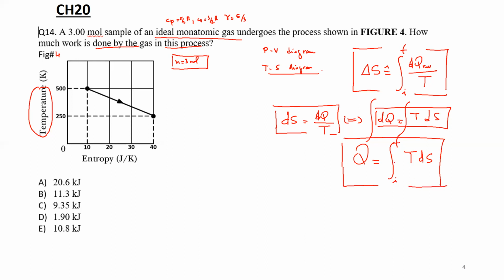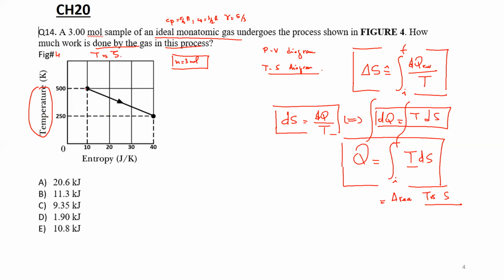Okay. In other words, the heat exchange during a process is just an area under the curve. But an area under which curve? Temperature versus entropy. Good. Now here I have the temperature versus entropy curve, T versus S, or TS diagram.